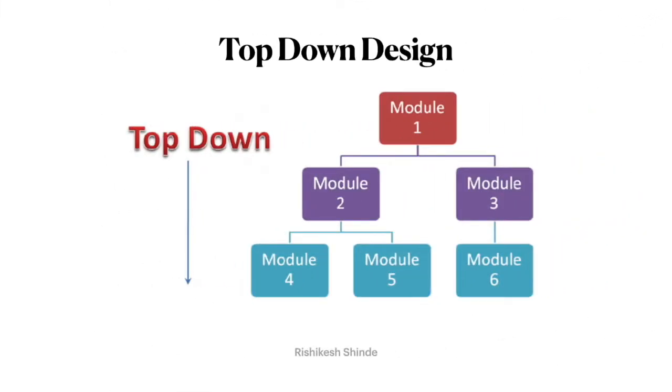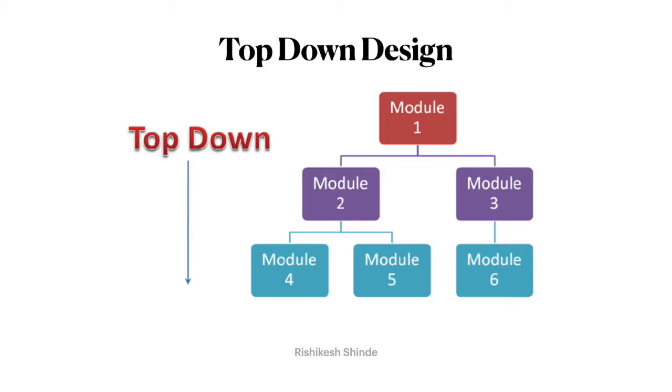Let us see the top down design approach. Top down approach is essentially a breaking down of systems to gain insights into the subsystems that make it up. In a top down approach, an overview of the system is formulated.